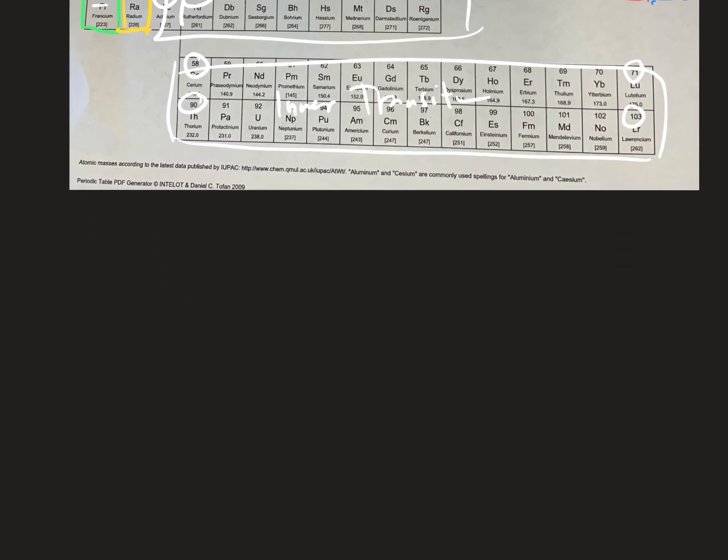Let's talk about the most important electrons of all. We kind of already did that, but now we're going to give it a name. Valence electrons. And these are the only electrons that are affected in a chemical reaction. Where are they?